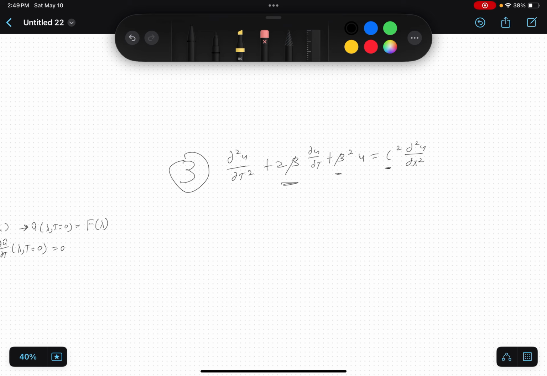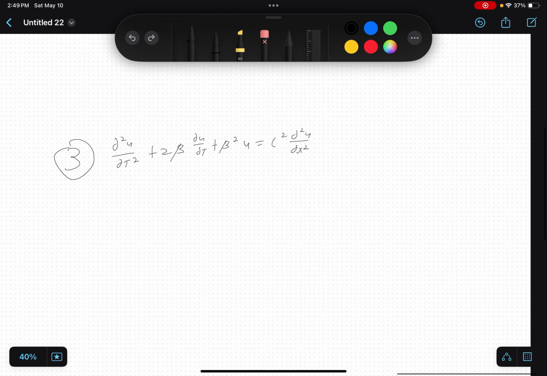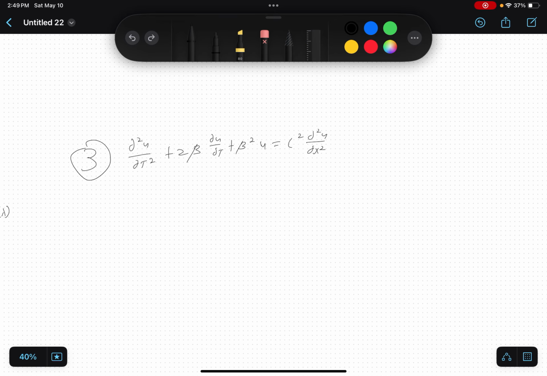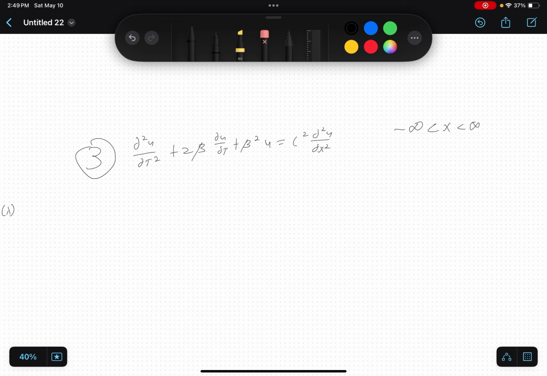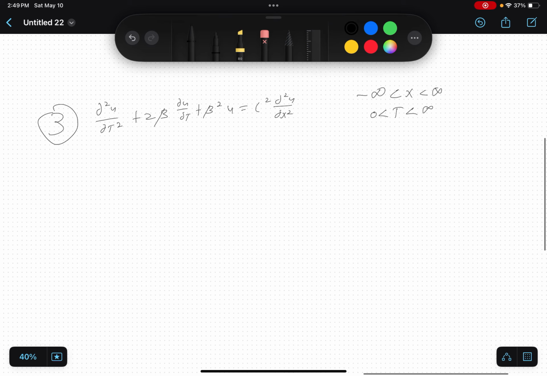Beta, C, all of those are just constants. Our ranges are standard ranges, so negative infinity. They're standard because x can typically range from whatever, and when you're integrating with time, again, you start at 0 with an initial condition. 0 is less than t less than infinity. Our boundary conditions are u.